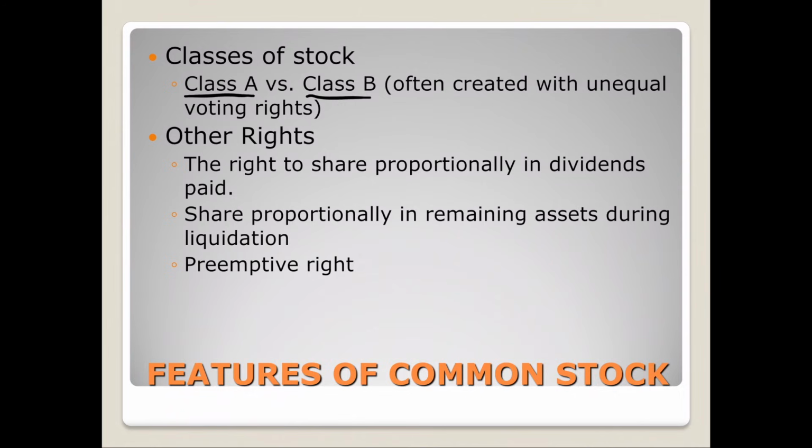So what is preemptive right? Preemptive right allows you to maintain the same proportion of ownership in the firm. So let's say the company has 100 shares outstanding and they want to raise new funds in the form of equity, so they're going to issue an additional 10 shares.